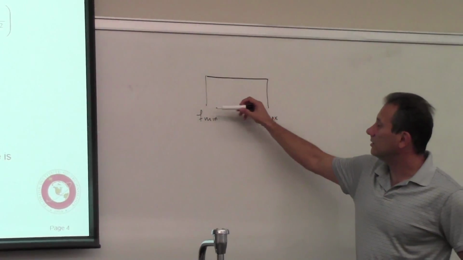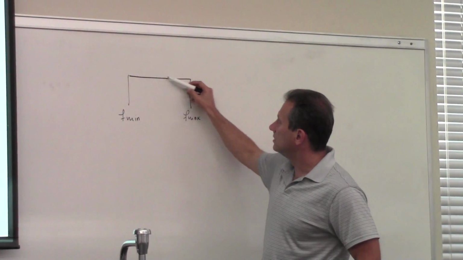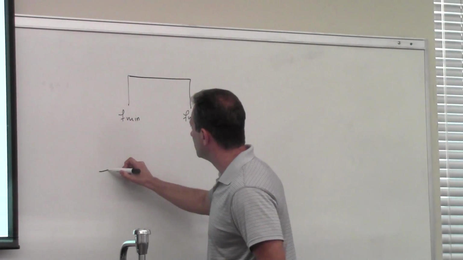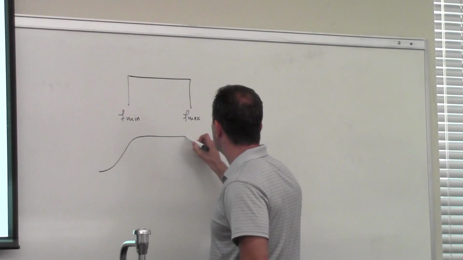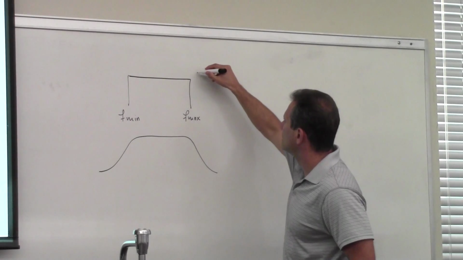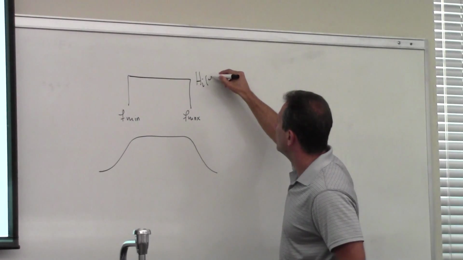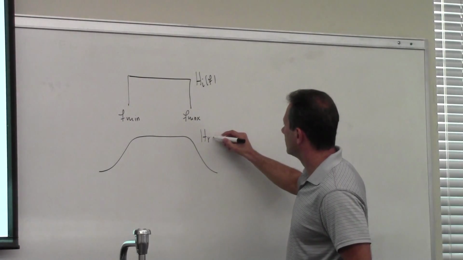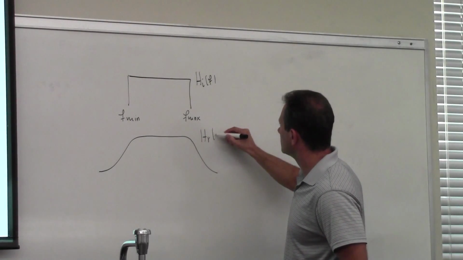But in reality, nothing is this square. You usually say my front-end filter has a characteristic that looks somewhat like this. So this is the ideal frequency response, and this would be the real or practical frequency response.